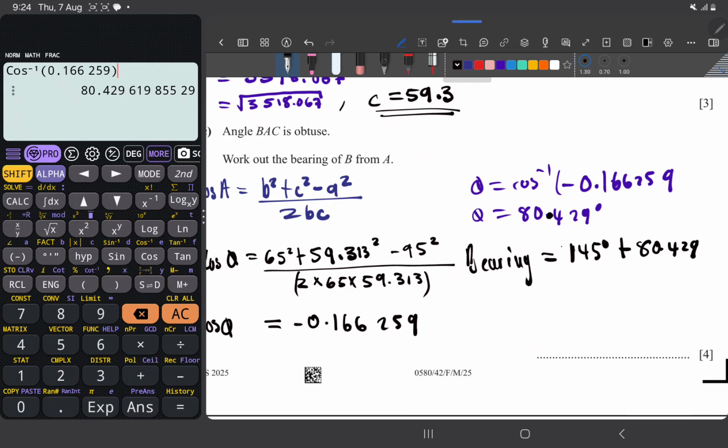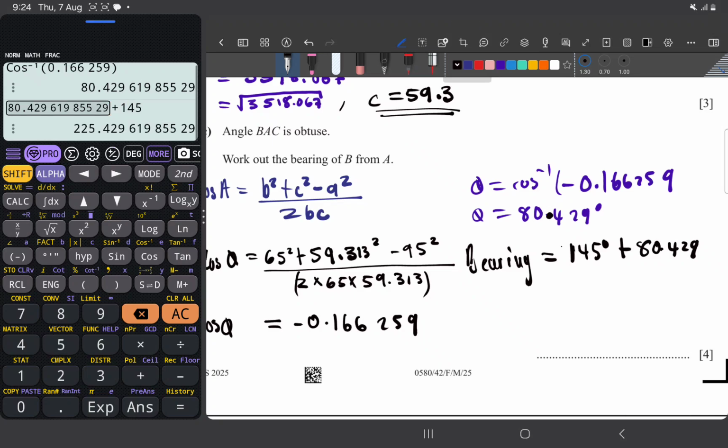I'm going to get 225.4296 degrees, which rounds off, because it's an angle. They said to put it to one decimal place, so here we have 225.4 degrees.